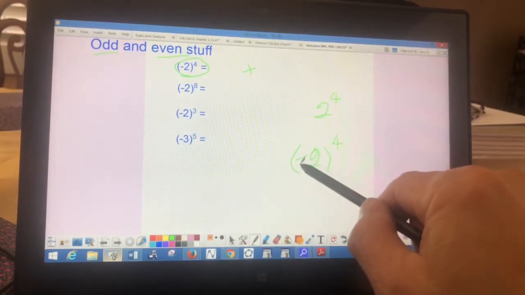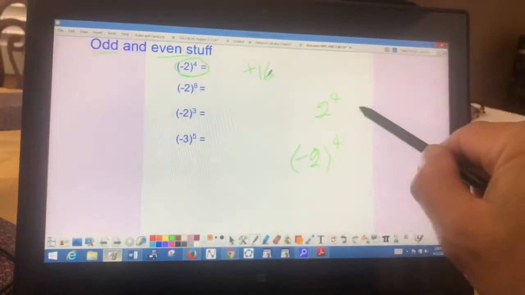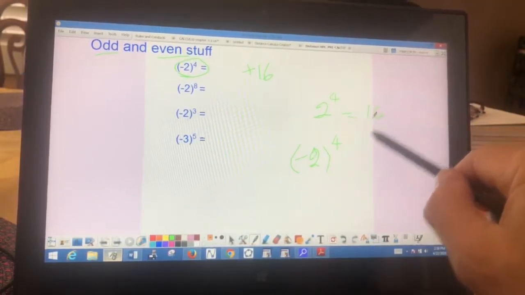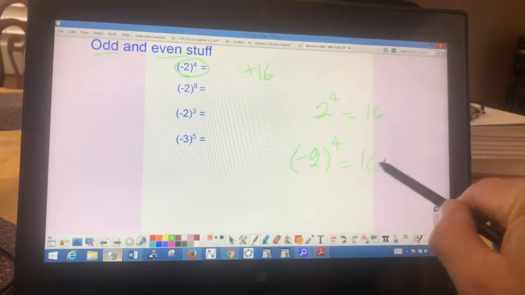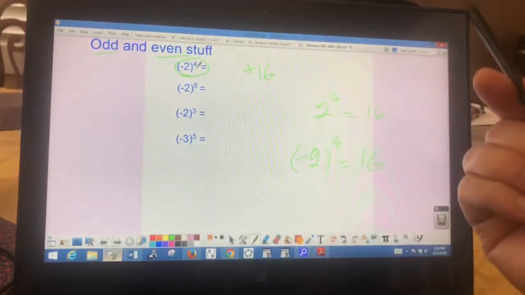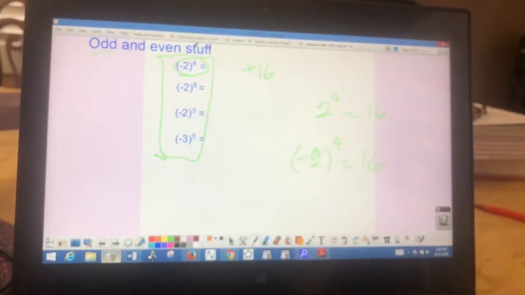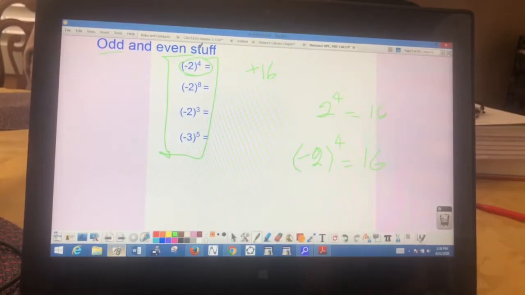You have an even number of negative numbers to multiply, so that should be positive 16 in either case. Okay? So that means you can ignore the negative. So if you see an even exponent or the word even in this form, this is how I'm going to relate my lessons to the odd and even terms in trig. Okay, so even, forget the negative.